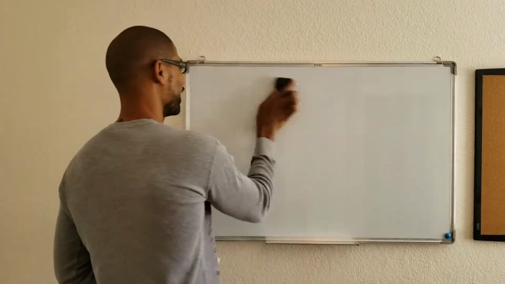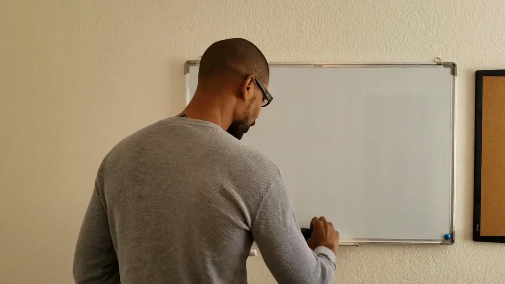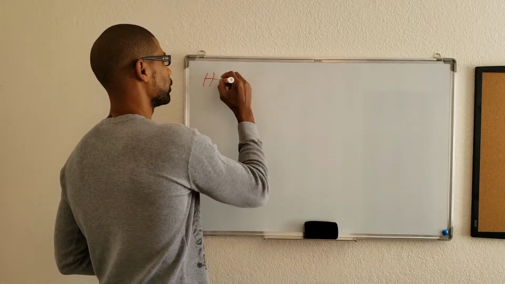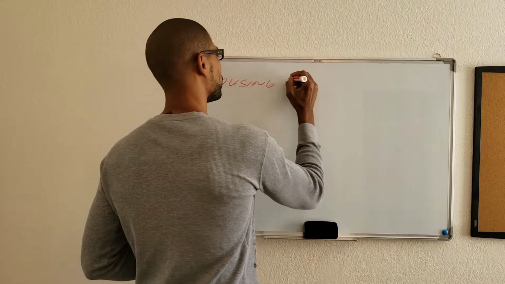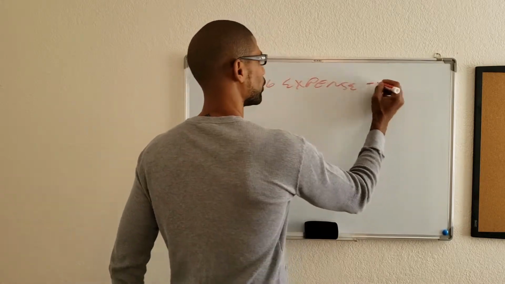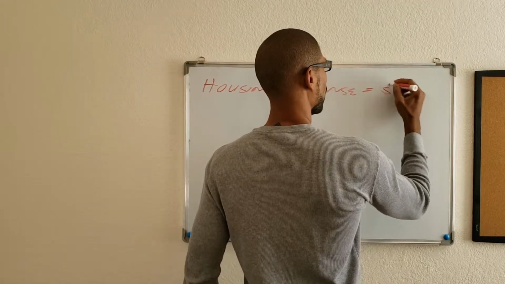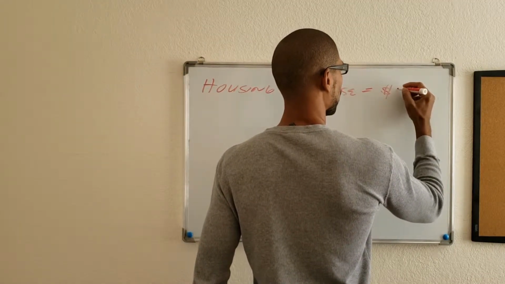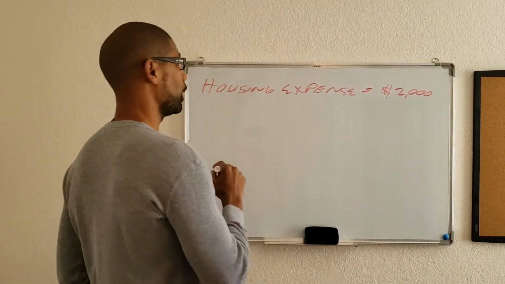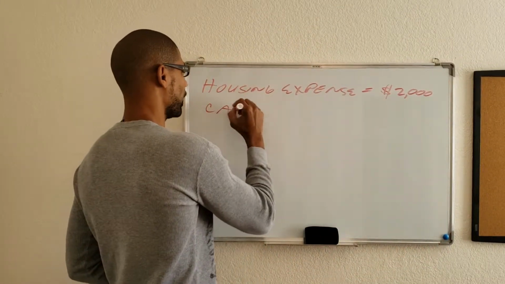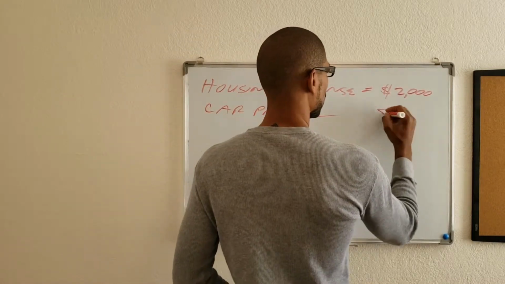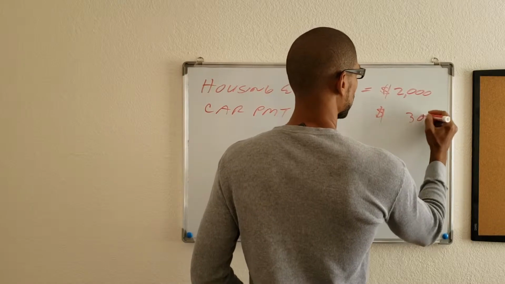So let's say your car payment, so we're going to start with the house payment first, or housing expenses. Let's say your total housing expense will be $2,000 for easy numbers. And let's say we have a car payment of 300.